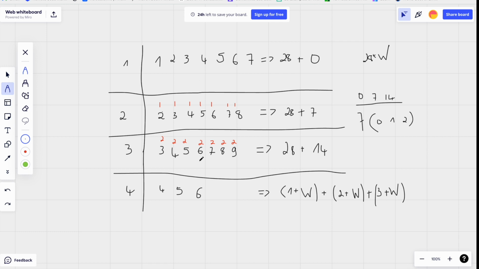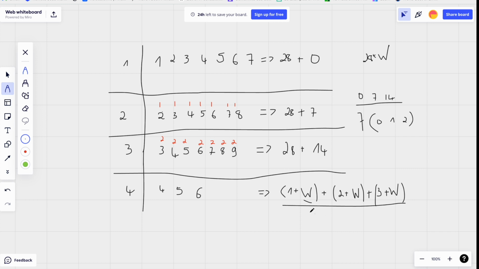So if you have 3 full weeks, that means on week 4 each value is going to be the normal saving plus the number of full weeks. Here we are on week 4, we had 3 full weeks. That means this one is going to have the normal one plus 3, because we had 3 full weeks, and the same here. So this is the series here.